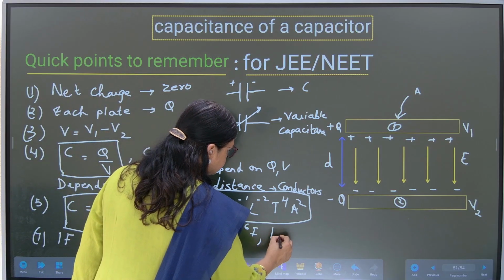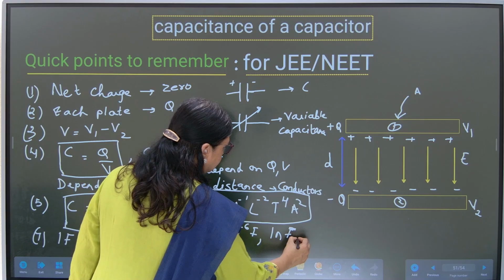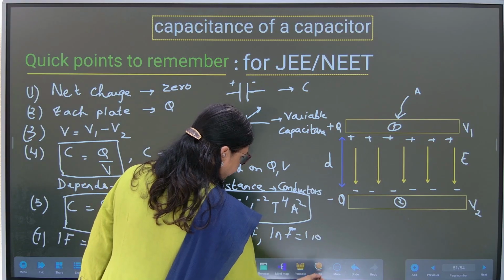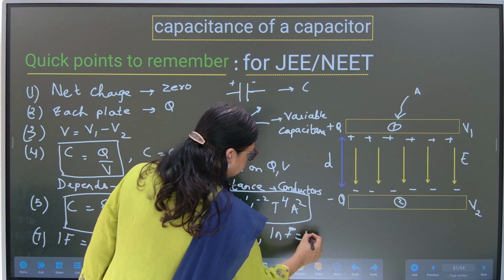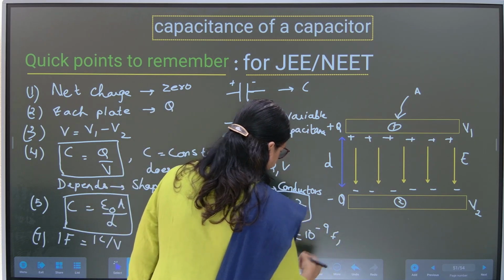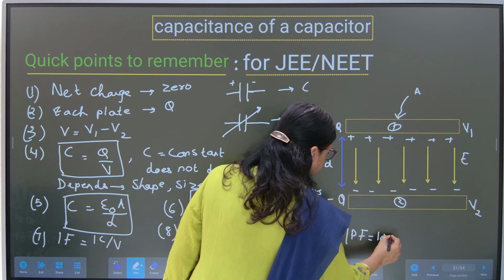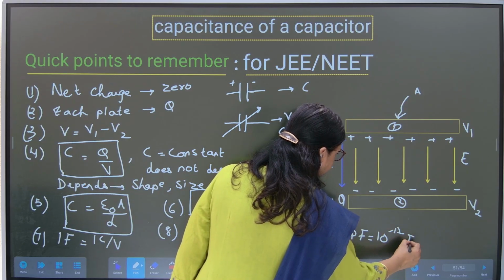Then we use 1 nanofarad, which is equal to 10 raised to minus 9 farad. 1 picofarad is equal to 10 raised to minus 12 farad.